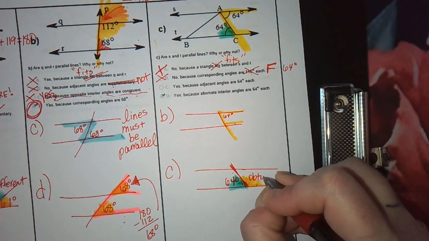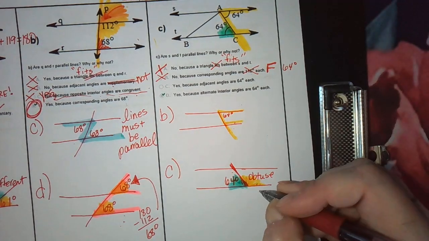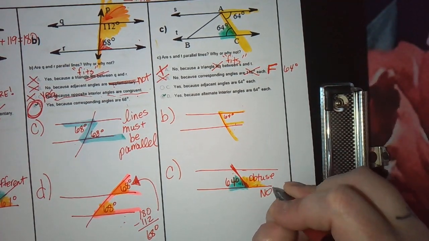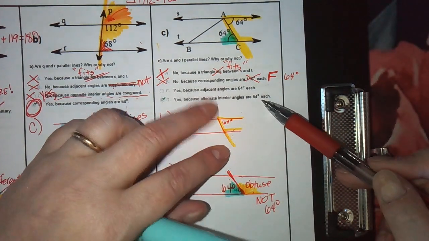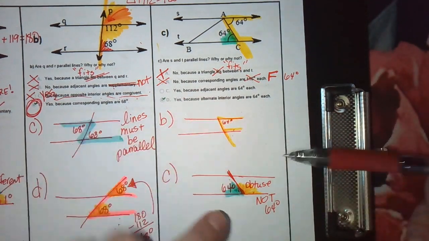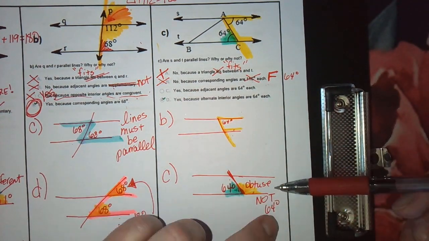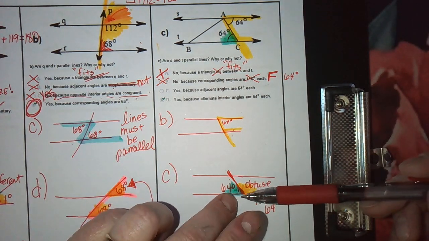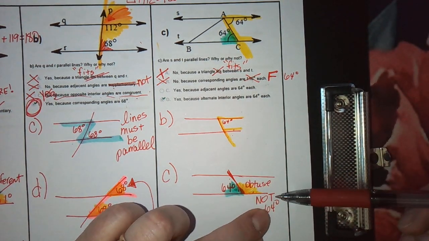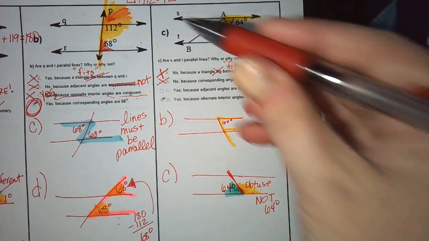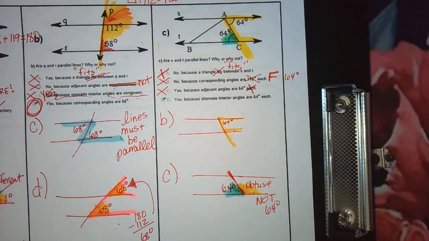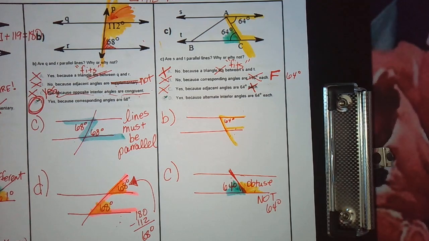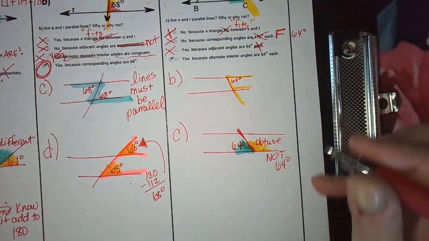It's obtuse. It's bigger than 90. It's definitely not 64 degrees. So part C said, yeah, they're parallel, because those adjacent angles are 64 each. Heck no, they're not. One's 64 and the other one is bigger than 64. So C's out because it says that word each.